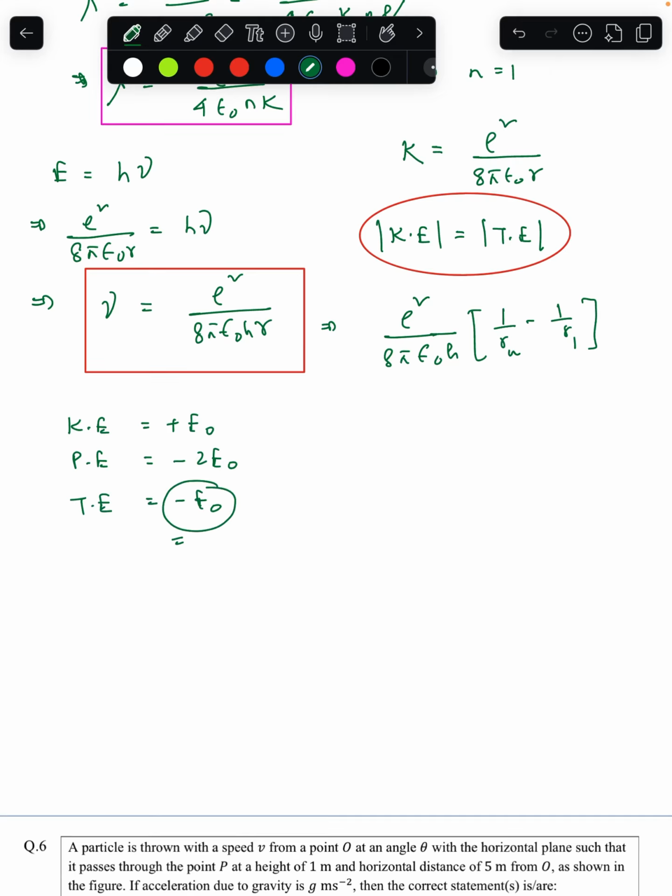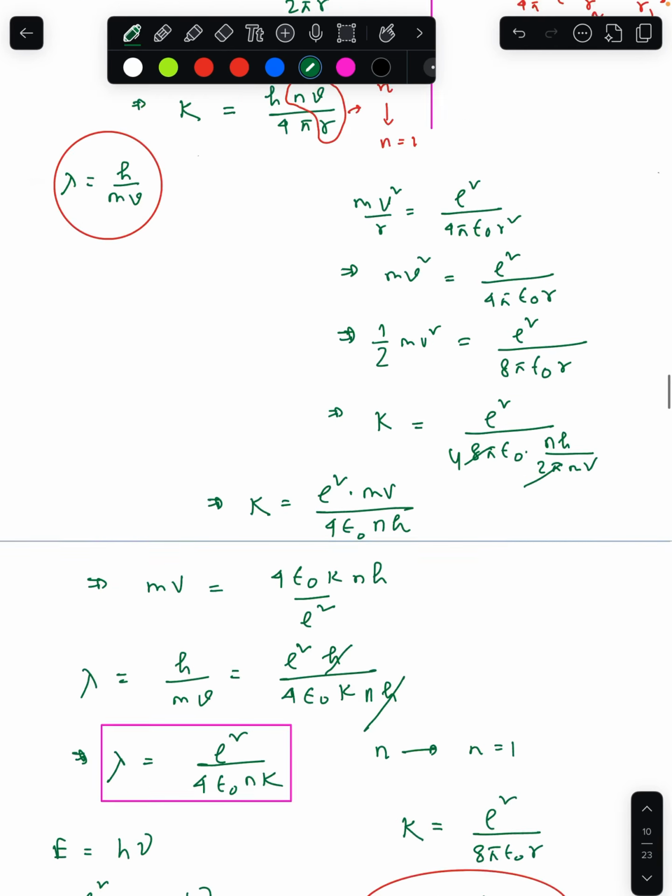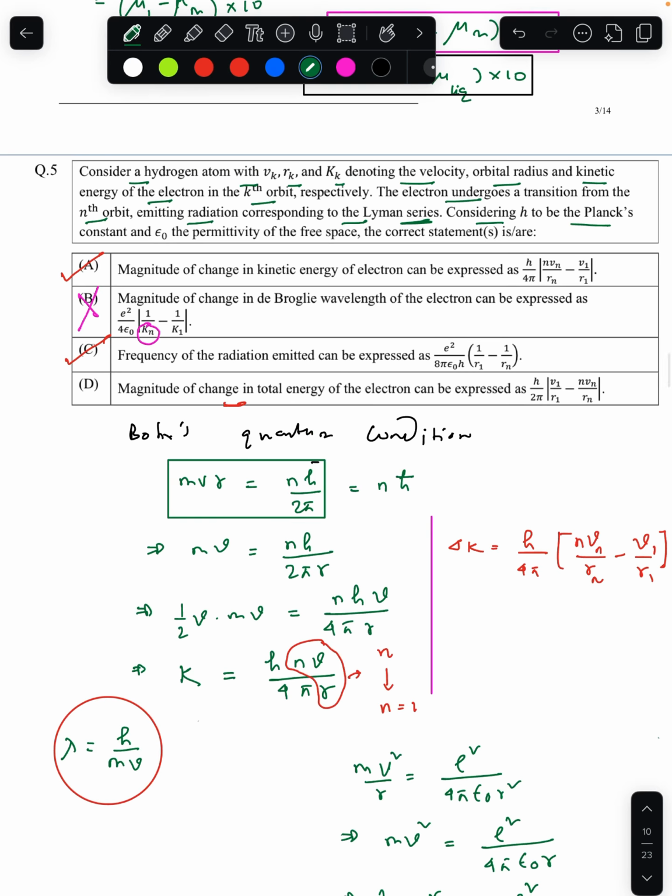Total energy has to be negative for bound particles. So the change in total energy must be equal to the change in kinetic energy. As per the options, option A and D should have been the same, but here D is different. So D is also not the answer.